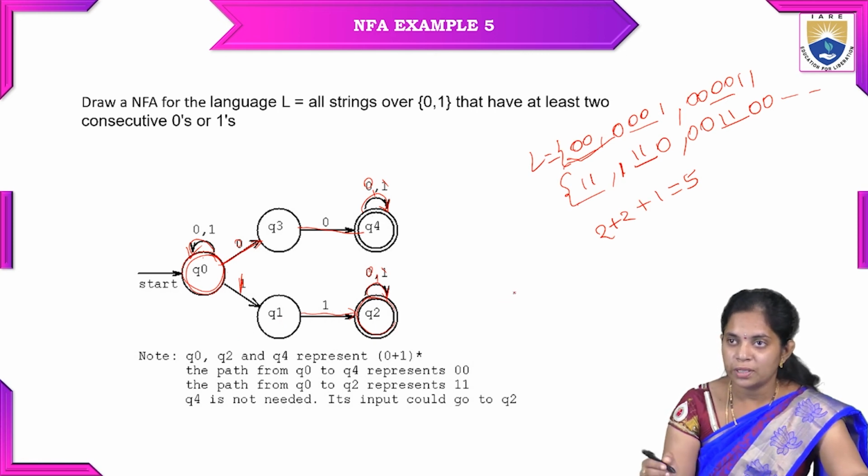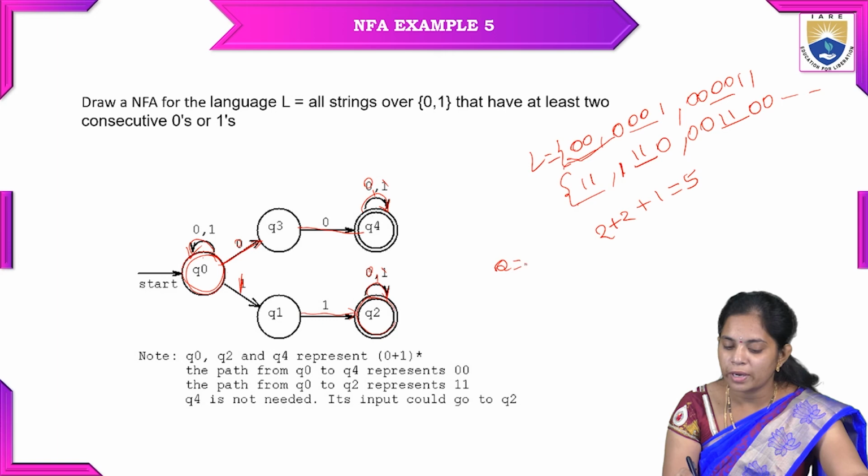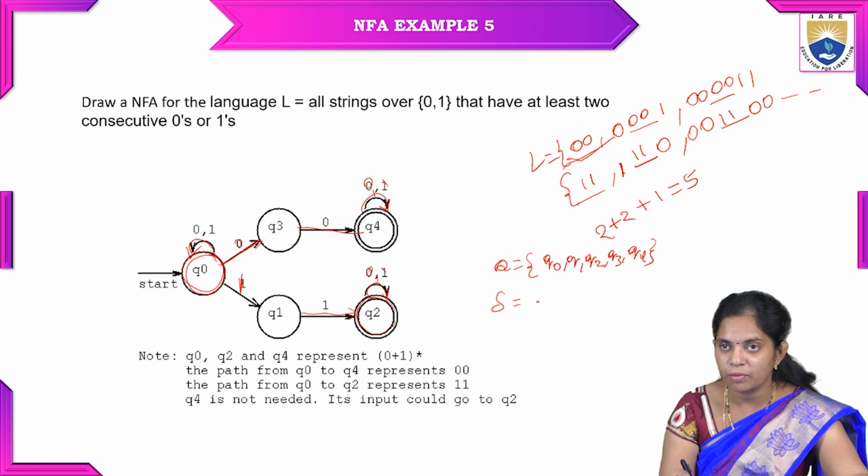So for the same thing we can represent the conditions in 5 tuple notation. The 5 tuple notation requires how many states we have, like here we are having the 5 states Q1, Q2, Q3, Q4, and next delta. So delta is a transition function. We have to represent how many states it is going to for the input symbols.